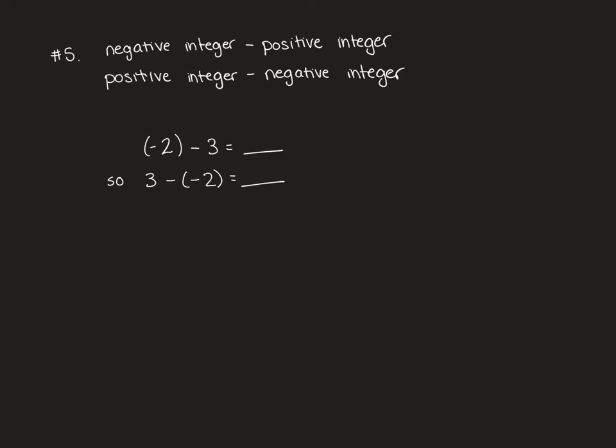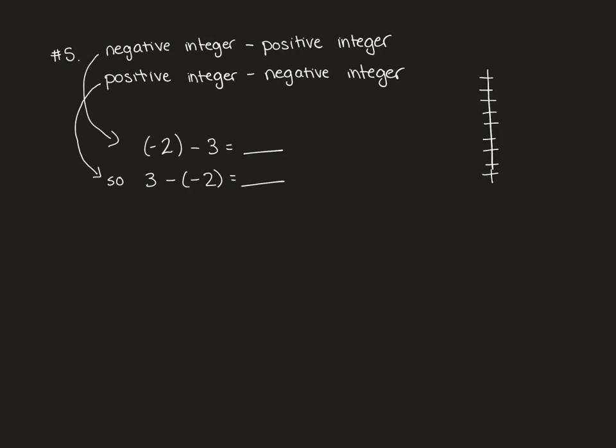Question 5 asks you to do a little bit of reversing. So they want you to start with your first line being the negative integer minus the positive integer, and then to switch the order and do the positive integer minus the negative integer. So you can still use a number line if you would like to, or a thermometer model.